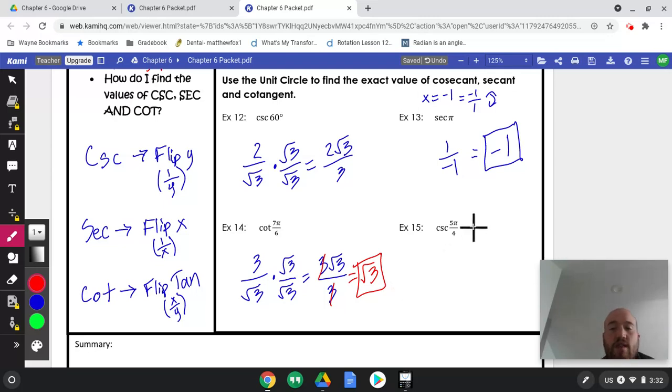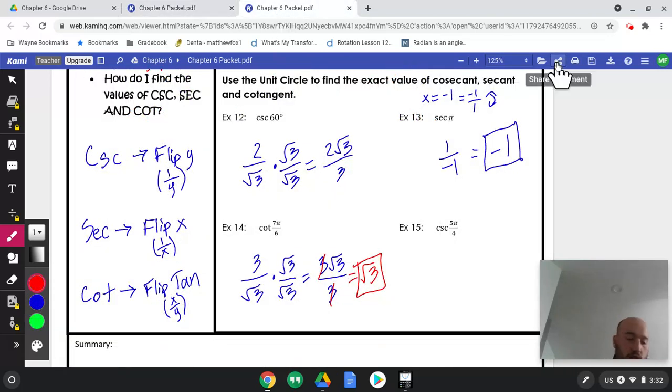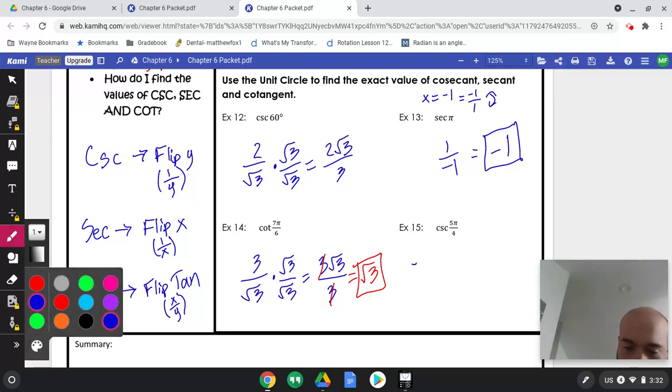And our final one, cosecant of 5 pi over 4. So we come over here. We know cosecant is the same as flipping the y. So we look on here, 5 pi over 4 down here. The y is negative square root of 2 over 2. If we flip that, it will become negative 2 over square root of 2.